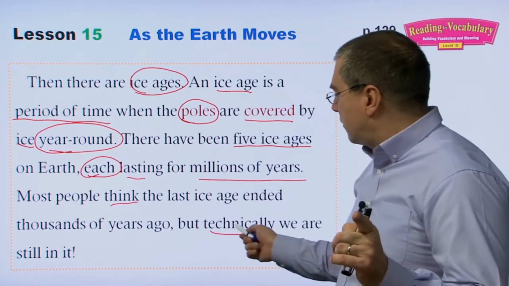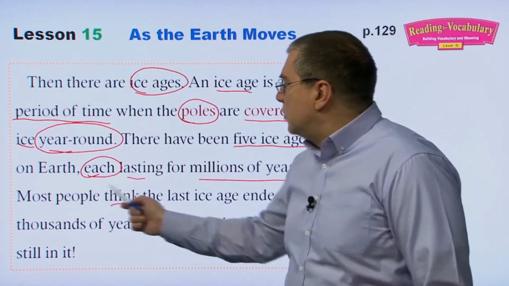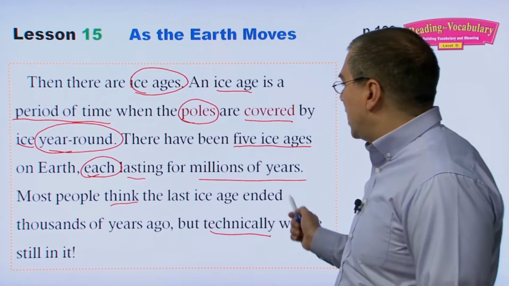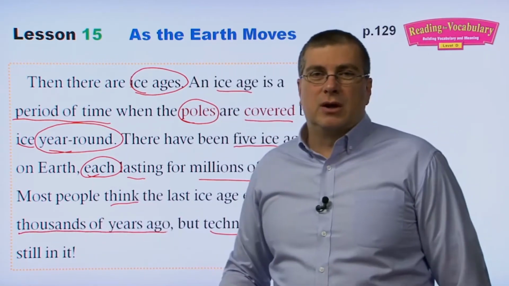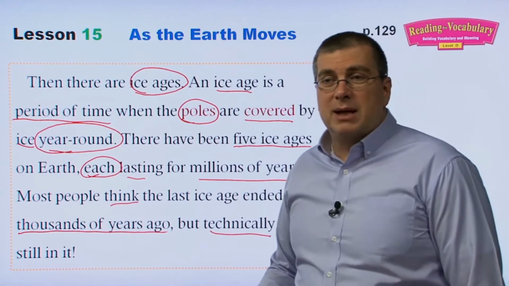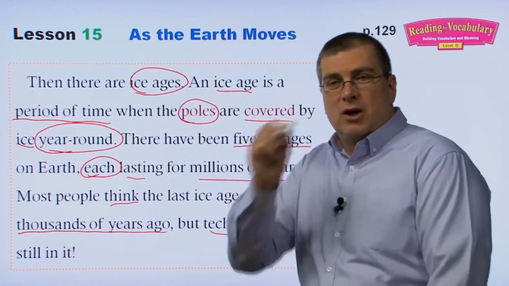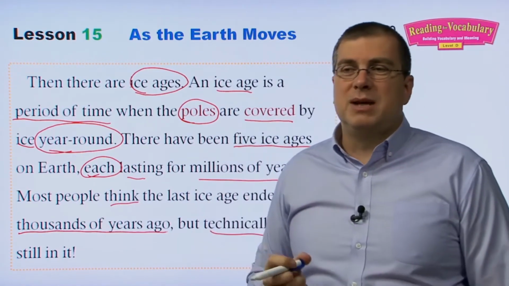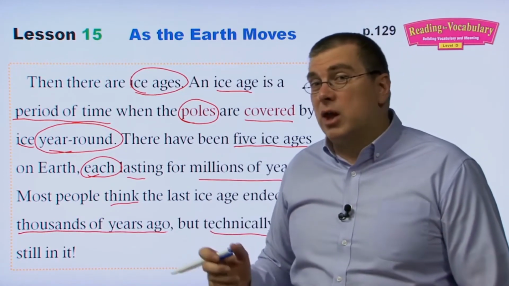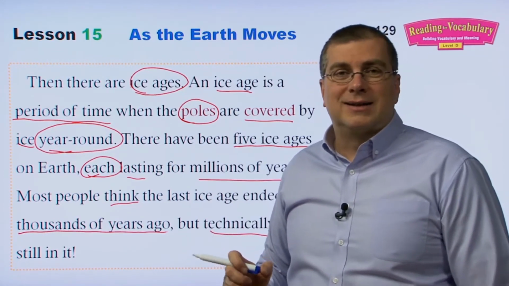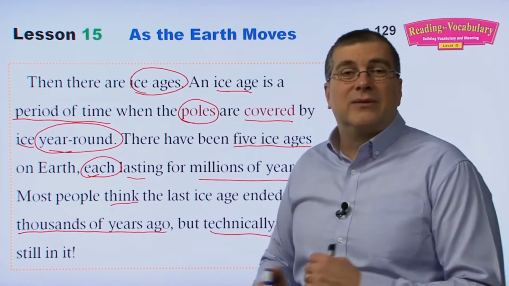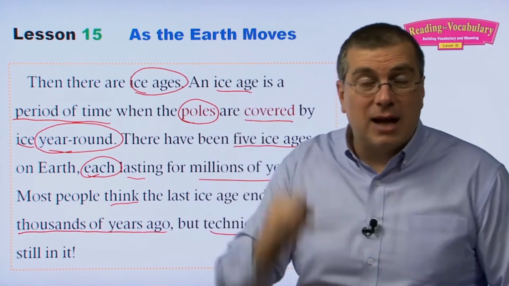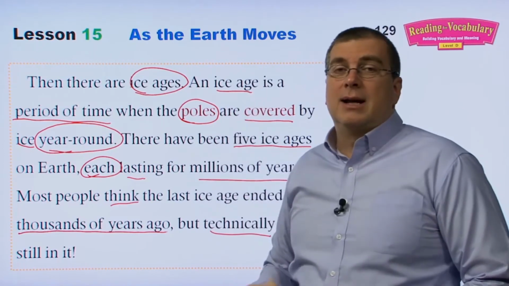So we got that word over here, technically. Let's get to that. Most people think the last ice age ended thousands of years ago. So thousands of years ago, before human beings wrote history, before human beings really had a lot of knowledge about technical progress or a lot of technology, they were still living in caves and hunting animals with spears, right?